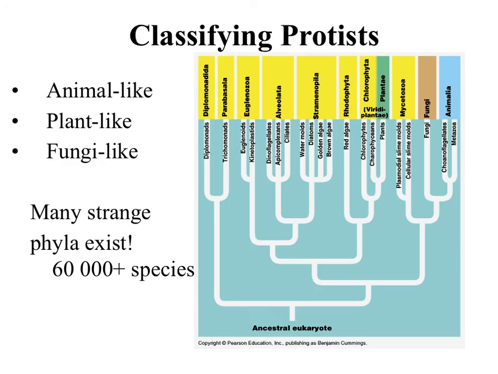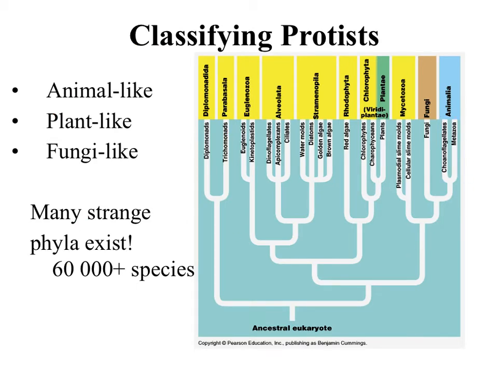Now, when we're classifying protists, it gets a little bit messy because, remember, they're our biological junk drawer. So we're going to focus largely on three types. We have animal-like, plant-like, and fungi. There are lots of different phyla because they're so diverse. If you take a look at our phylogenetic tree, there are just some examples.